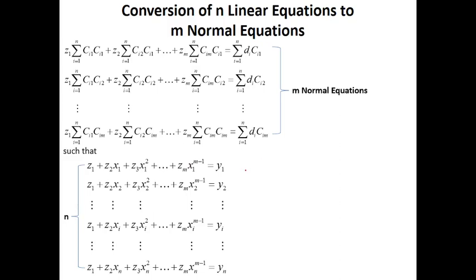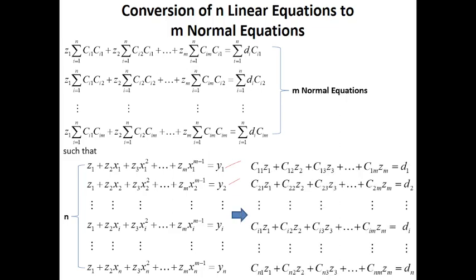Halimbawa, meron kang n data points, n data values, no? Let's say x sub 1, y sub 1, x sub 2, y sub 2, and so forth, kung ilan man yung points natin. Ito yung mga n equations, no? So, in this case, 1, yun yung C11.